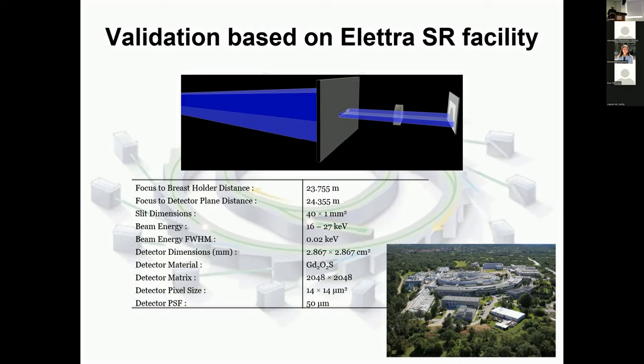What is the advantage of using a parallel beam? That you avoid distortion effects. Please also notice that the full width at half maximum of the beam is about 20 eV only.